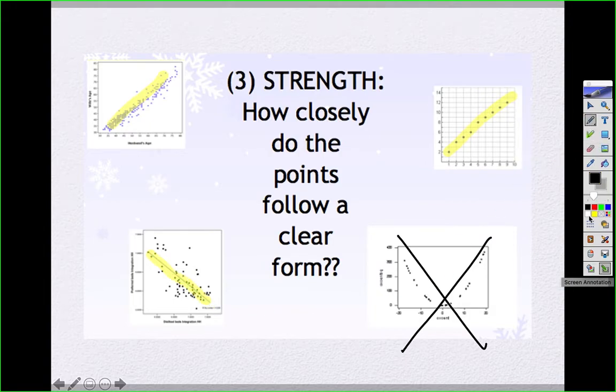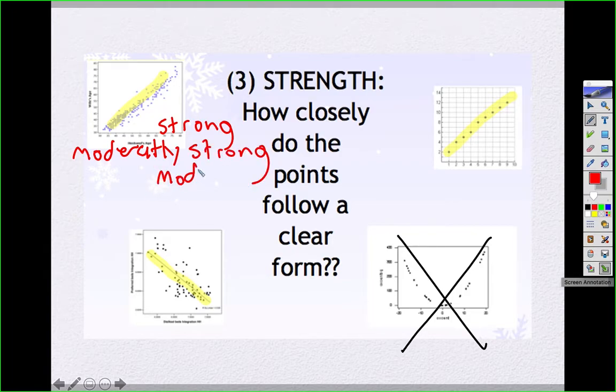Now I'm going to tell you the options for strength. Your options for strength, from most to least, are strong, moderately strong, moderate, moderately weak, or weak.